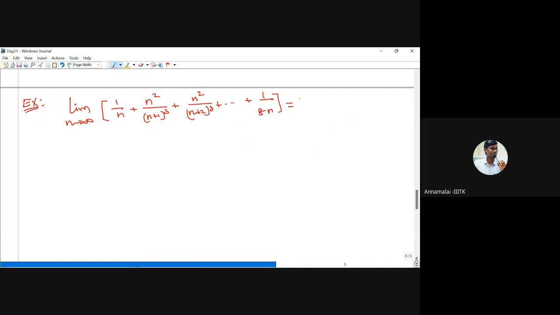So what is the value of this? We have to try to rewrite this into a summation, limit n goes to infinity 1 by n into something.